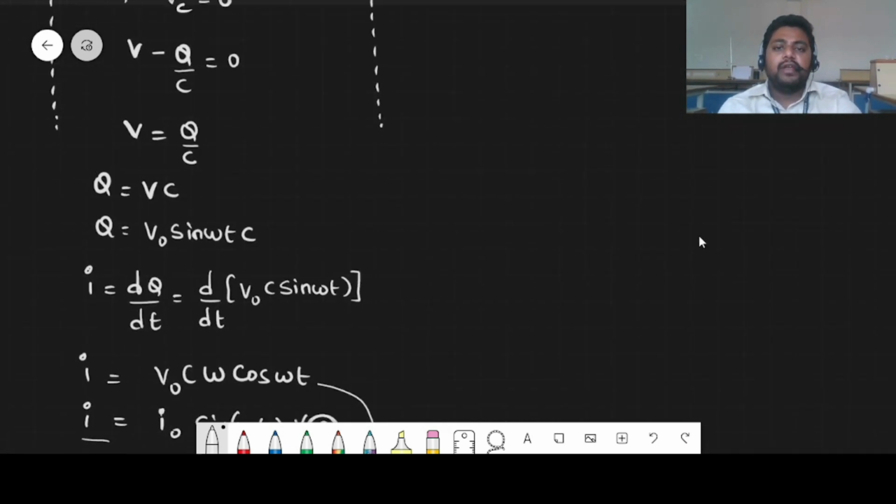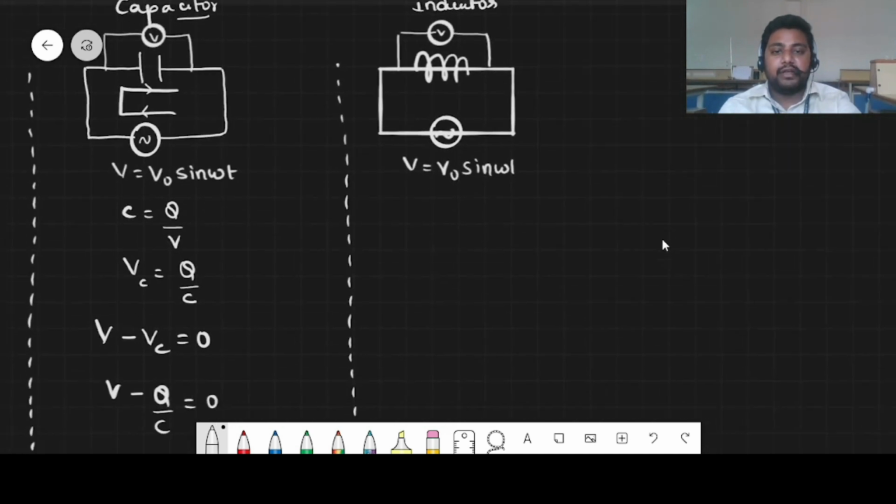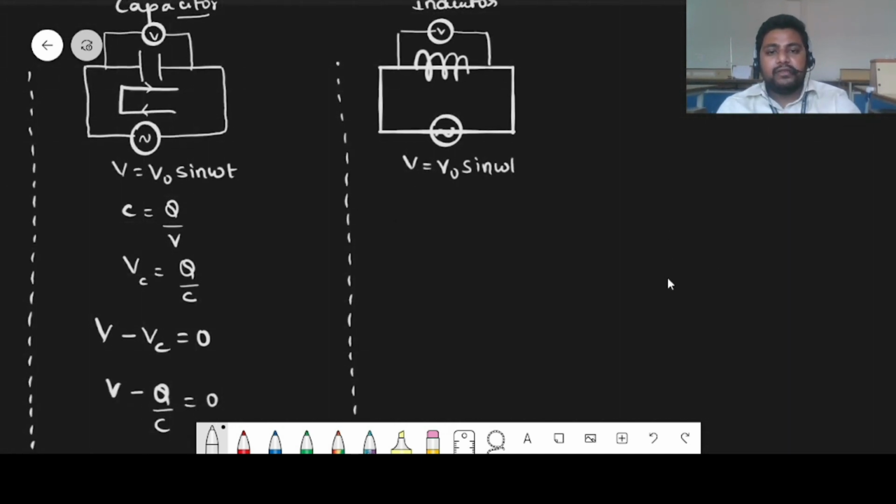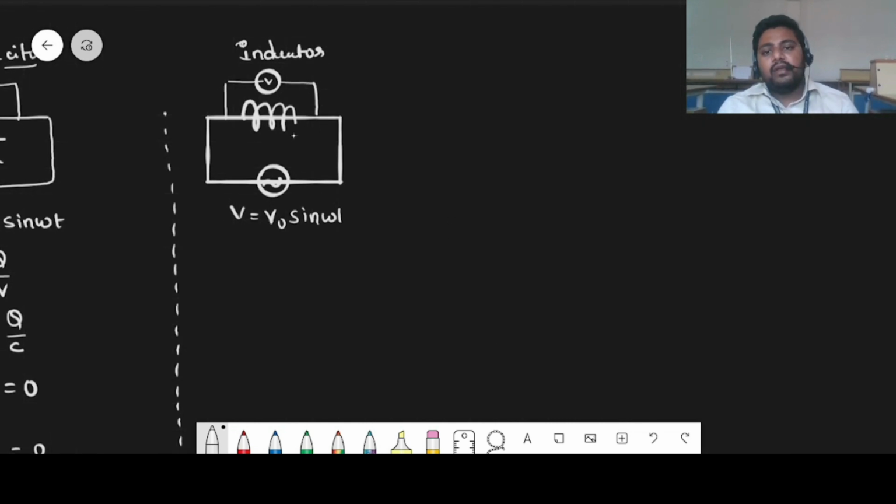Now if we are trying to understand the inductor, in the inductor condition, the induced EMF E can be written as minus L into di by dt. This is the general formula for induced EMF, and obviously it will be in the opposite direction. So if you are writing Kirchhoff's law again, you can write in this entire expression V minus L into di by dt should be equal to 0.